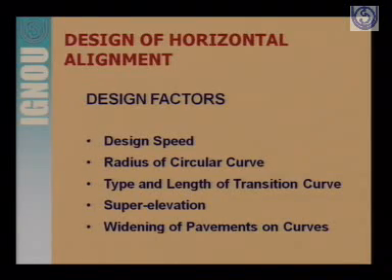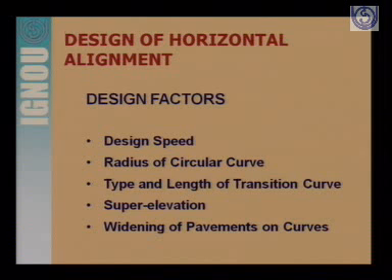First of all, as you see here, design of horizontal alignment takes into account different factors, and these factors are, as I was discussing just now, first is design speed, second is radius of circular curve, third is type and length of transition curve. I'll tell you what is transition curve, why these should be provided in the roads and highways.